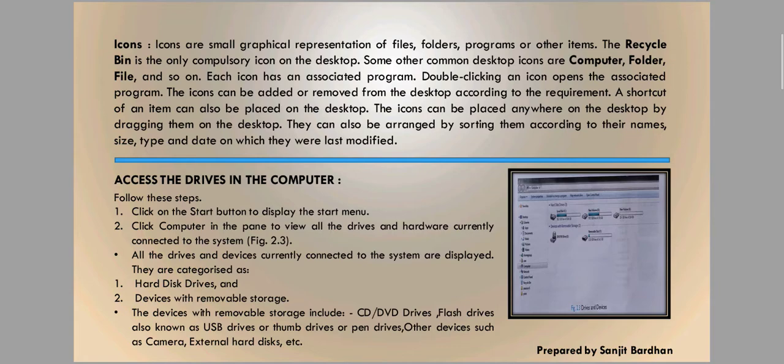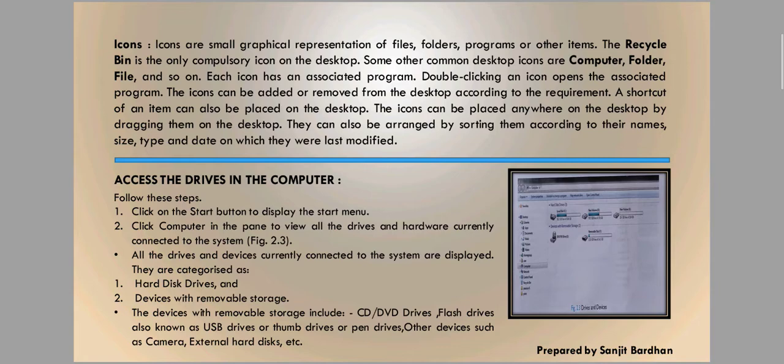All the icons are the small graphical representation of files, folders and programs and other items. Next is the recycle bin. We all know that the recycle bin is like a dustbin. When we delete some item on the computer, this item goes to the recycle bin.